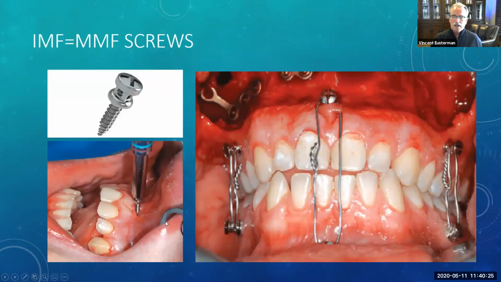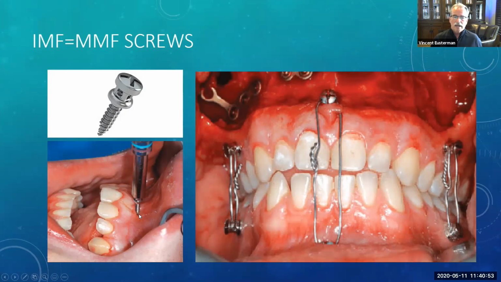IMF screws, I use a lot. I think they're great for temporary occlusion, and when fixing the maxilla in accordance with the rest of the bite, it's nice to have a temporary repair. The screws are generally put in the area of the unattached mucosa and between the roots.